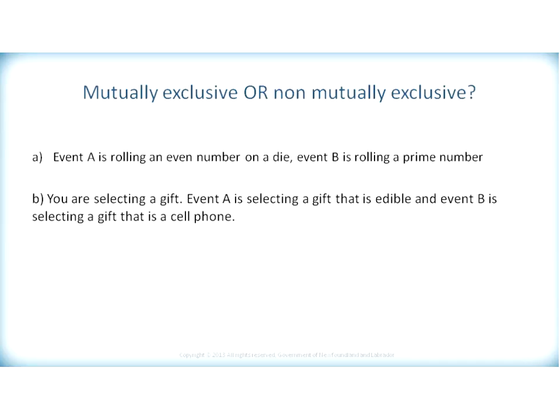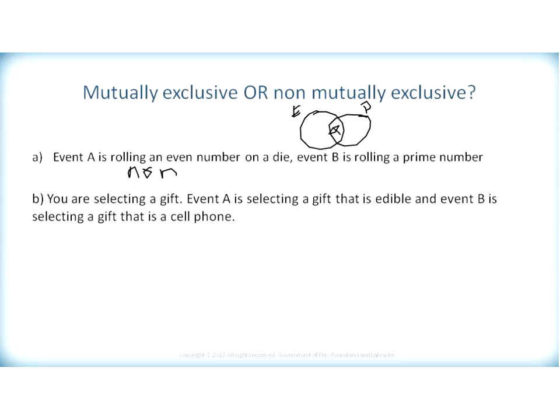Mutually exclusive or non-mutually exclusive? If event A is rolling an even number on a die, and event B is rolling a prime number, these would be non-mutually exclusive, since when you roll an even number on a die, the number 2 is both even and prime.